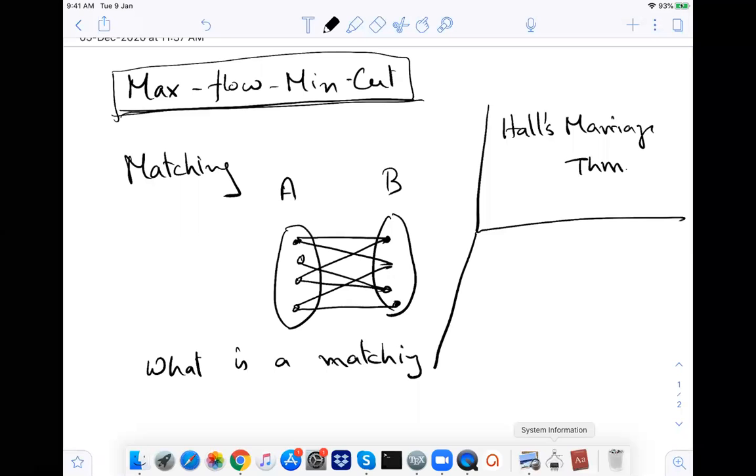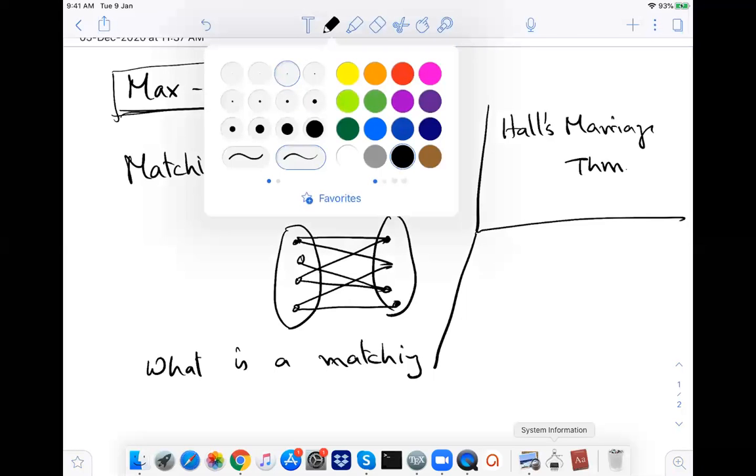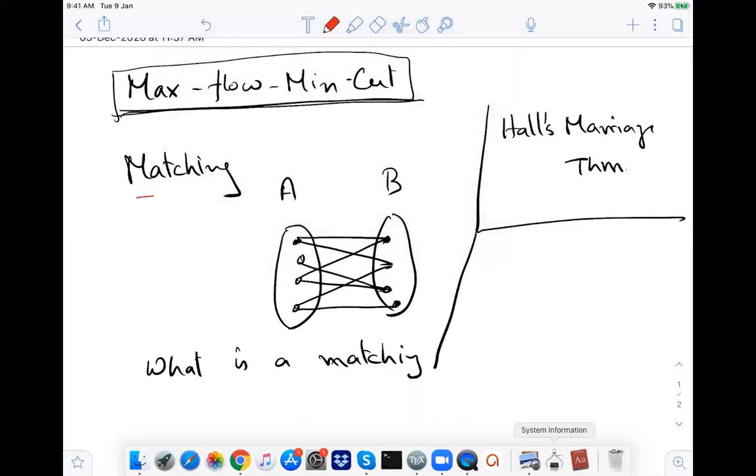But before I go into the statement, I have to define this concept of what is called a perfect matching. What is a perfect matching?